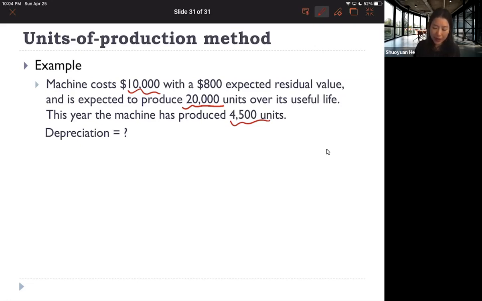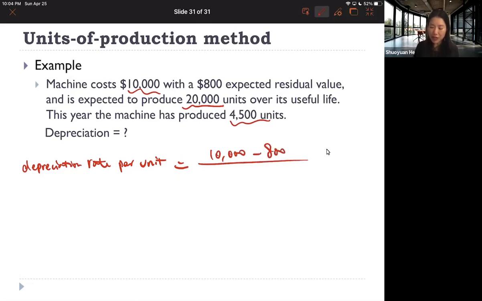First, let's calculate the depreciation rate per unit. What is our per unit depreciation rate? We have the cost of 10,000 minus 800, and this is depreciated over 20,000 units.